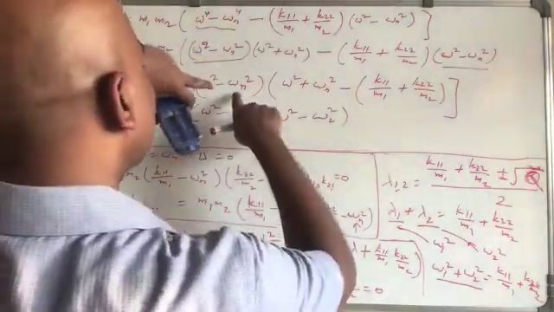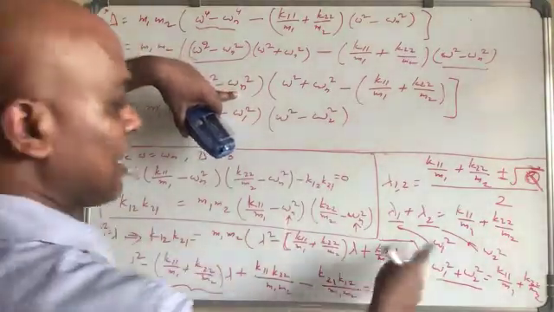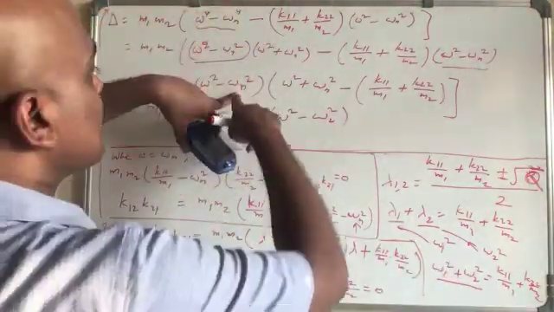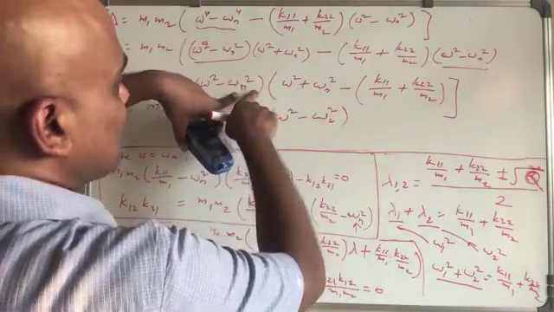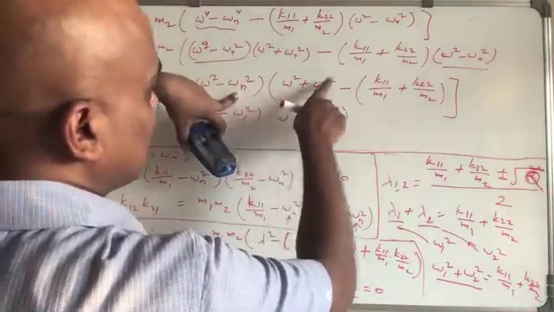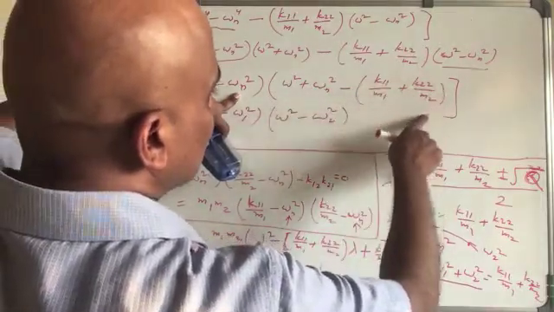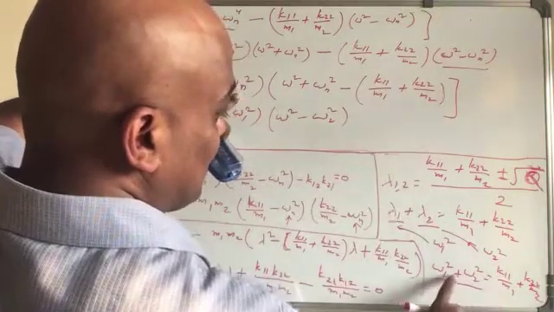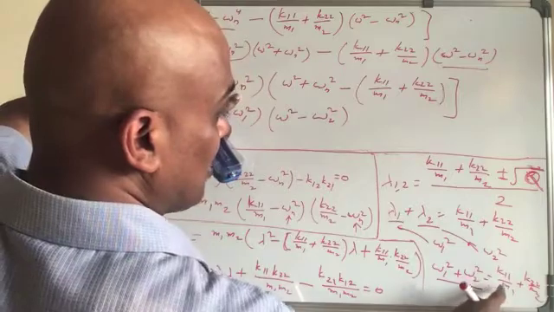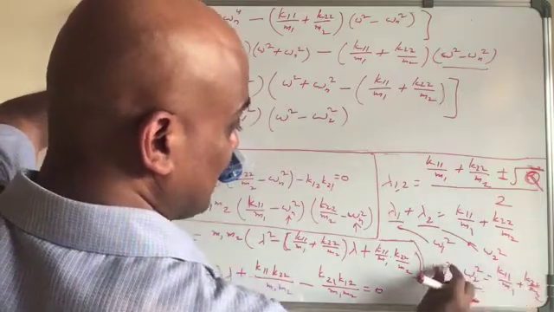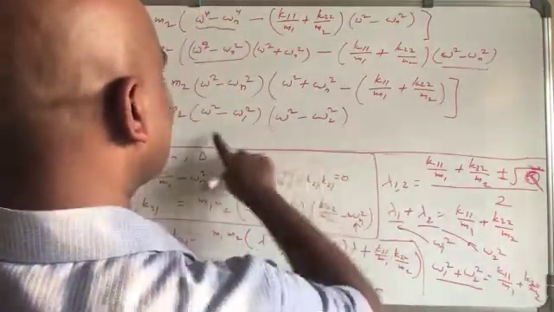Similarly, if you assume omega n equals omega 2, because omega n will be either omega 1 or omega 2, then omega square plus omega 2 square minus k11 over m1 plus k22 over m2, and then you get omega 2 square minus k11 over m1 minus k22 over m2. Then this will go that side, will be minus omega 1 square. So it will be like this.